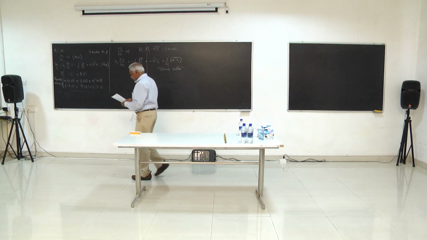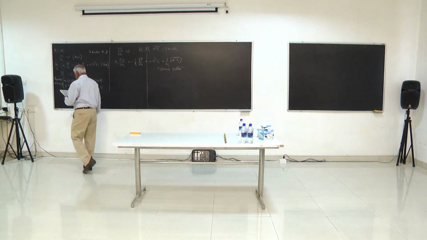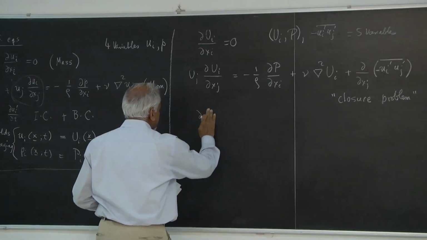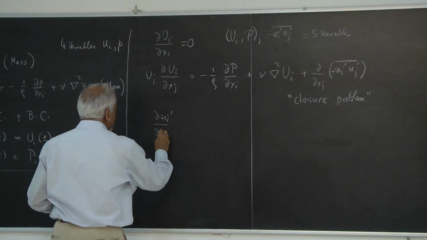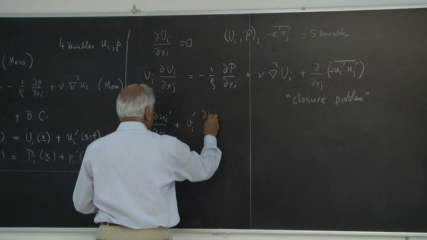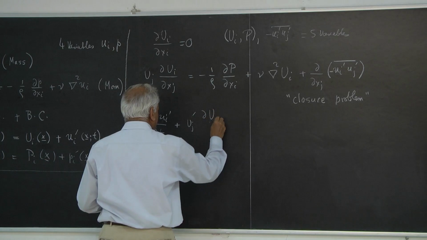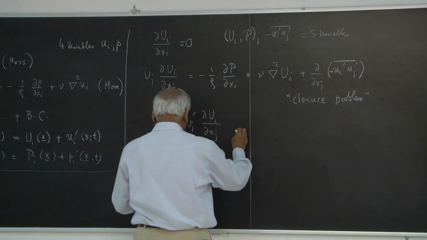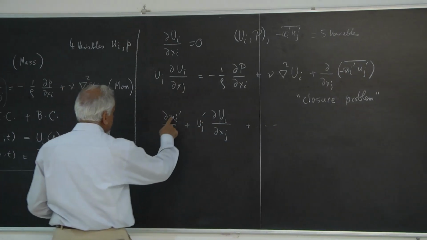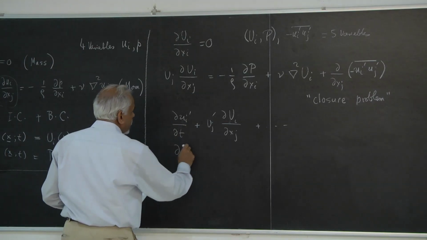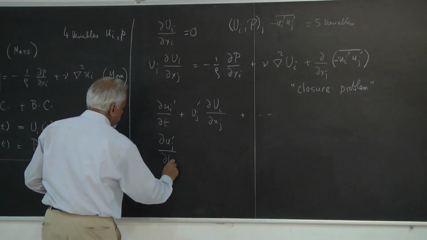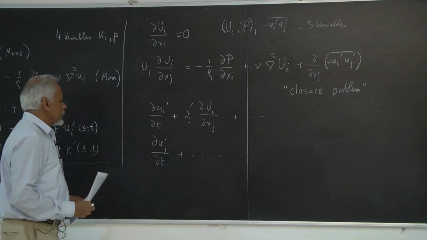I write it down for you, or at least some parts of it. So I get an equation for d ui prime by dt plus whatever, uj d ui prime by dxj plus all the other terms that go with it. And I can just change the index from i to j. Remember, I'm interested in ui prime uj prime kind of thing. So I have an equation which also has something like that.